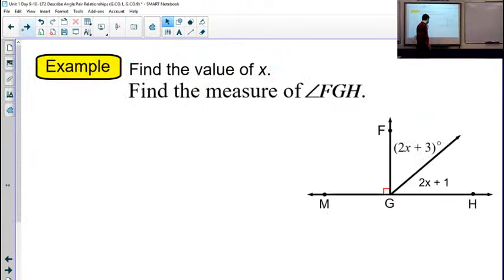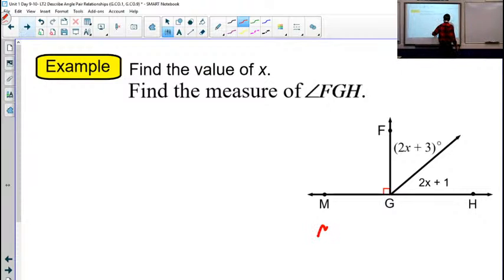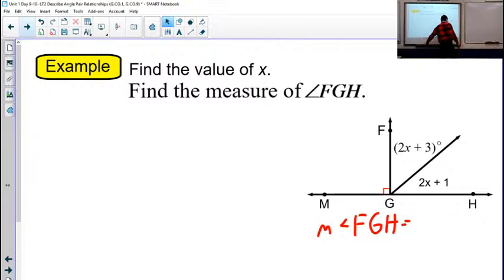Next example. Before we solve for x, I want us to think about what the measure of angle FGH is. Measure of angle FGH.